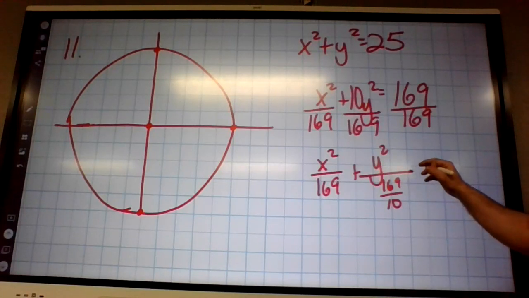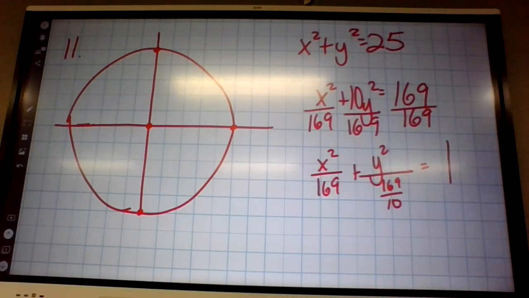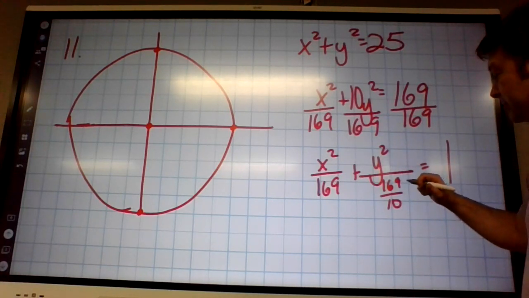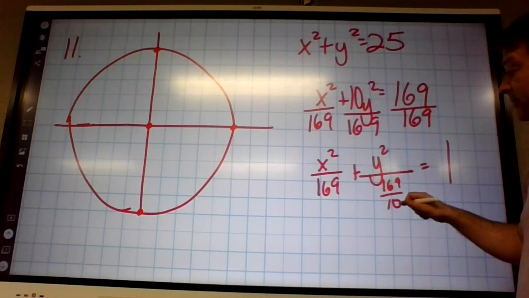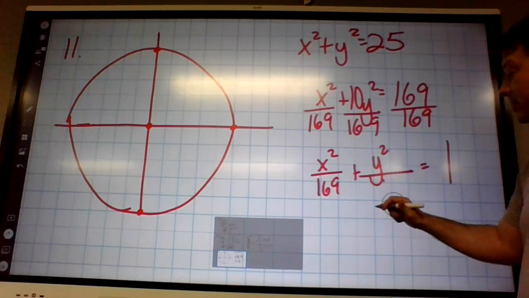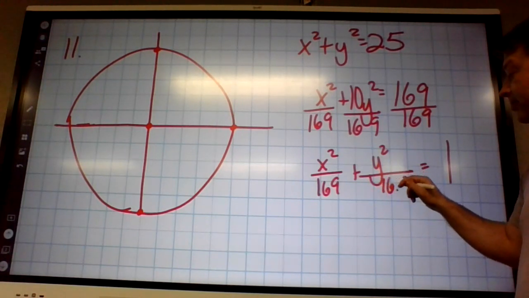So that'll be my denominator. Yeah, it is weird. I guess they decided to throw us a curveball. Oh, you know what? Let's change that to a decimal. That'll work actually. 169 divided by 10 is 16.9. And that will have a pretty nice square root.